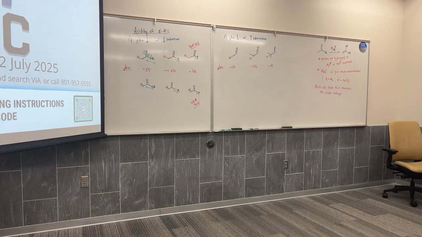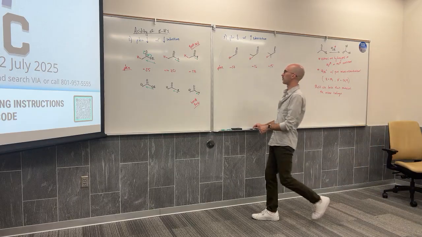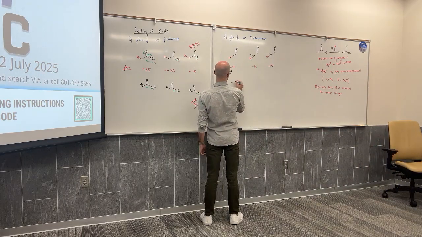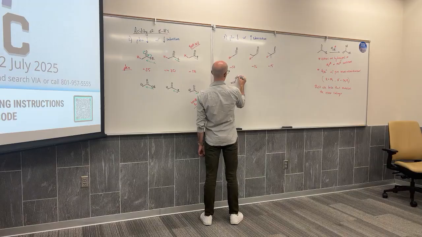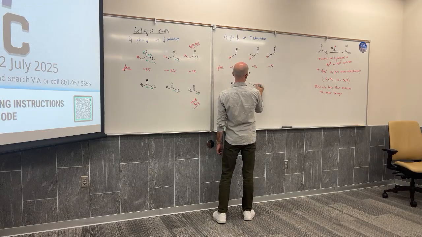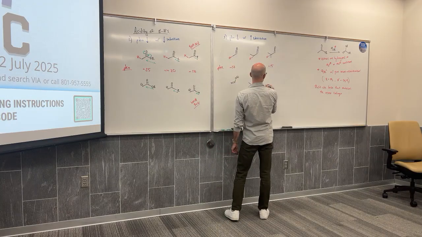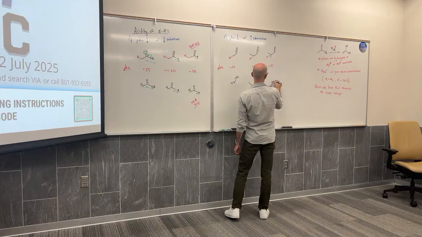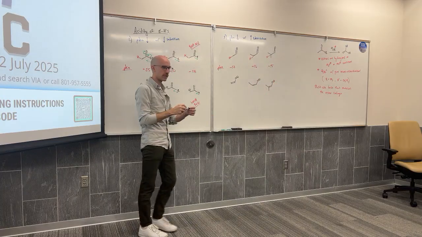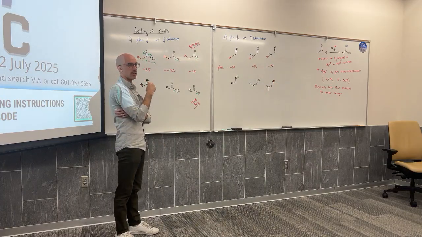You know what? I want to show you guys as well the conjugate base that forms there, because the conjugate base can help you understand why it's a better acid. What do you see changing in those conjugate bases?